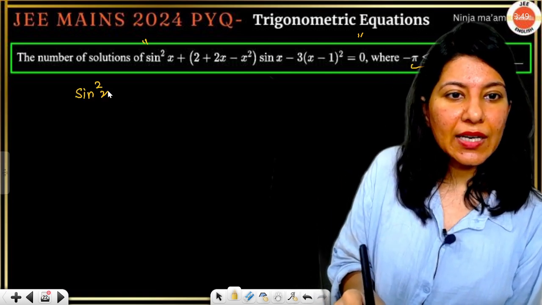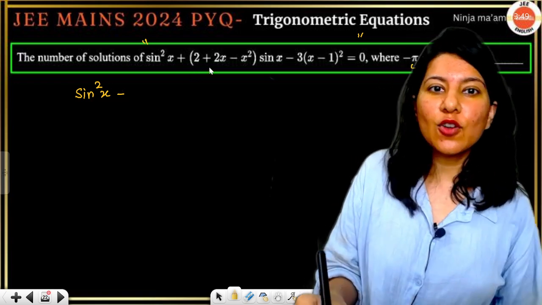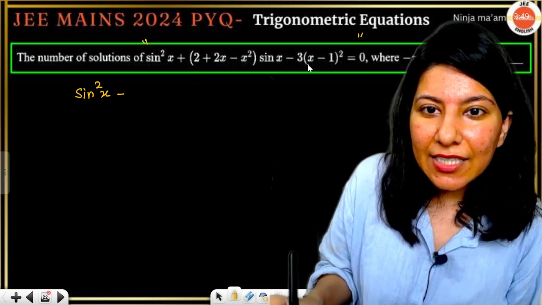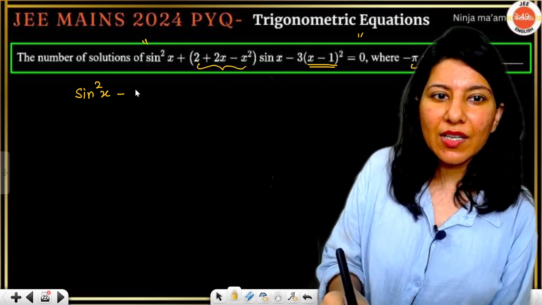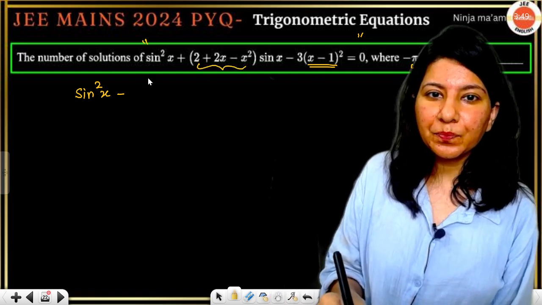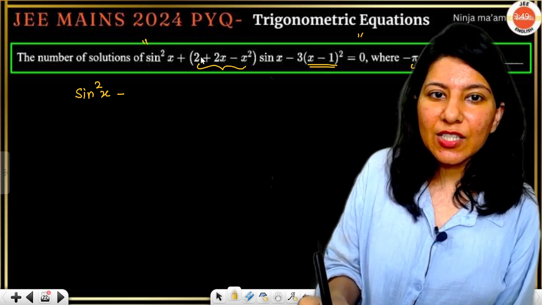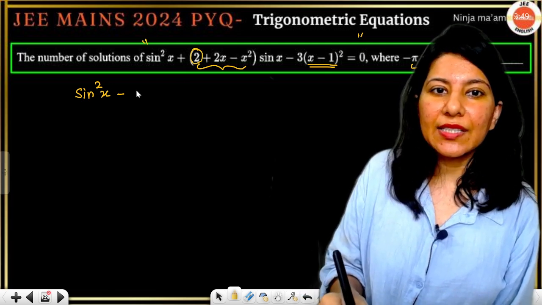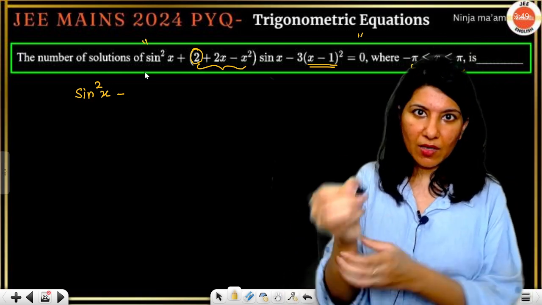Sine square x plus, now this, not plus. Let's take the minus sign common because you can see that x minus is getting formed over here. Can I just make a similar whole square over here? So what I will do is, let's keep this 2 on the other side, plus 2 sine x. Okay, let's keep them aside.